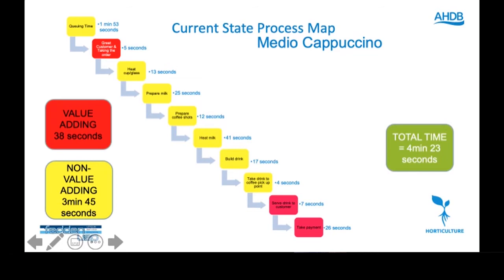And you can see there the total lead time is 4 minutes and 23 seconds. And of which 38 seconds is value add, and 3 minutes and 45 is non-value add. So we focus in on the non-value add. We look at what we can do to reduce down that amount of non-value add within the process.